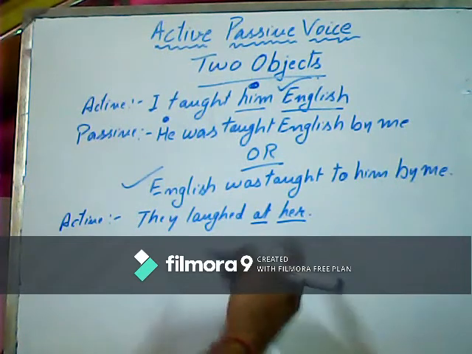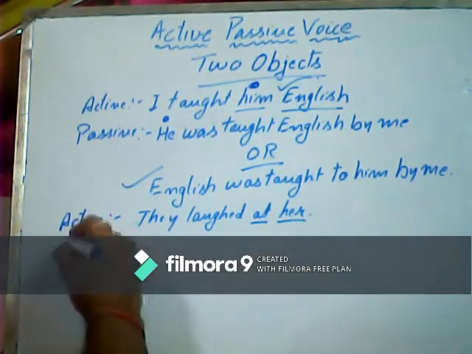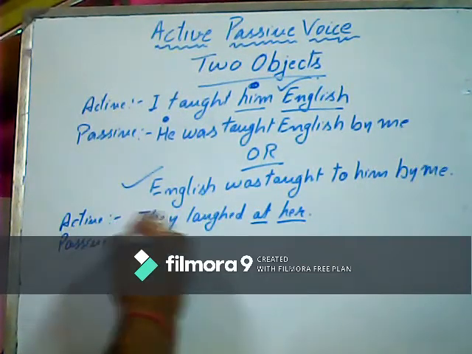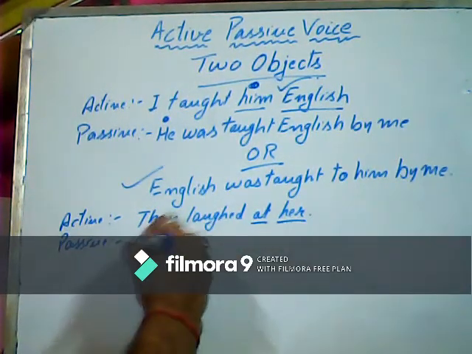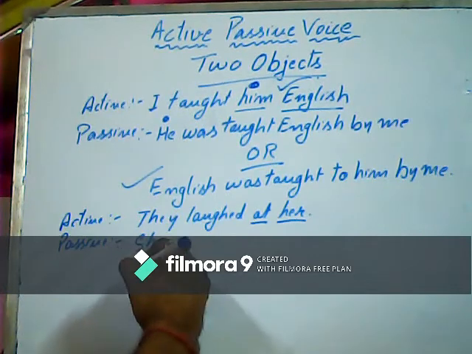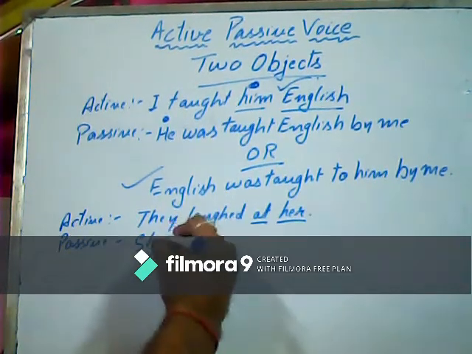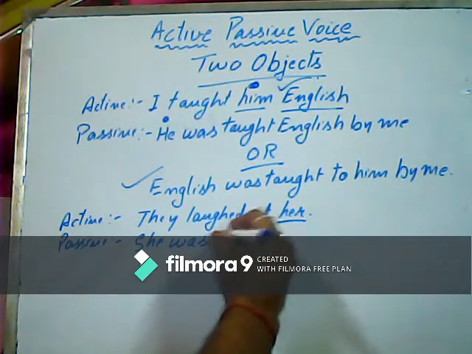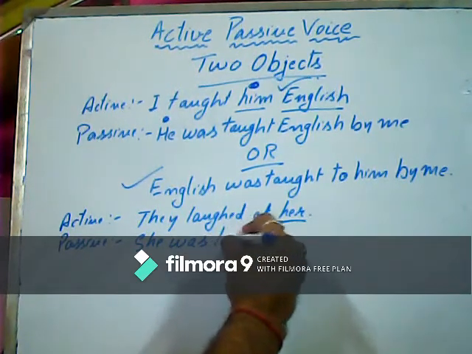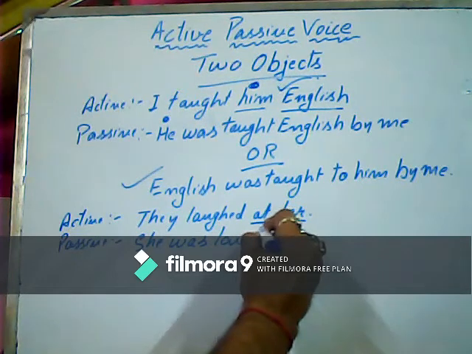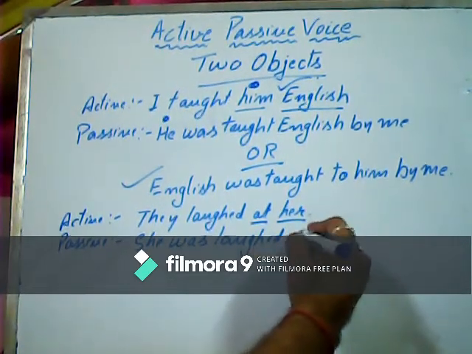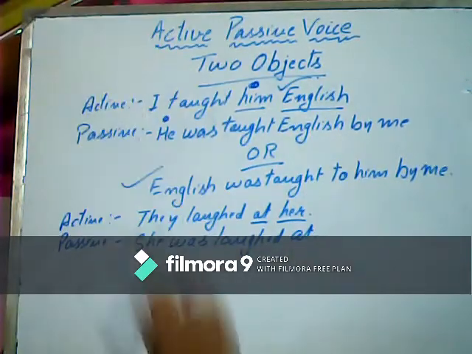So in that case, how will you change it to passive? Her will change to she. Because it is in past tense, we'll use was. She was laughed at. That much is sufficient.